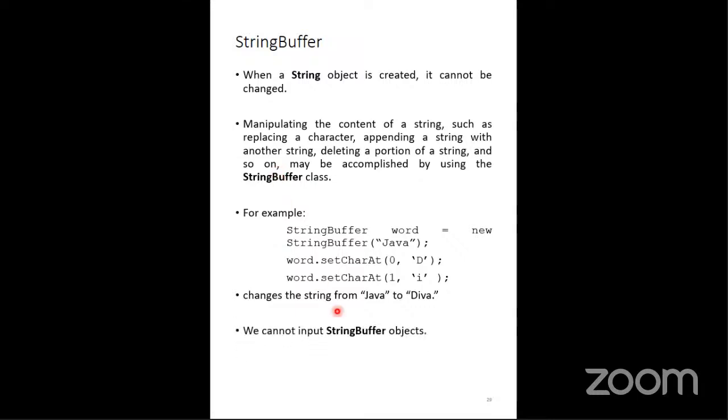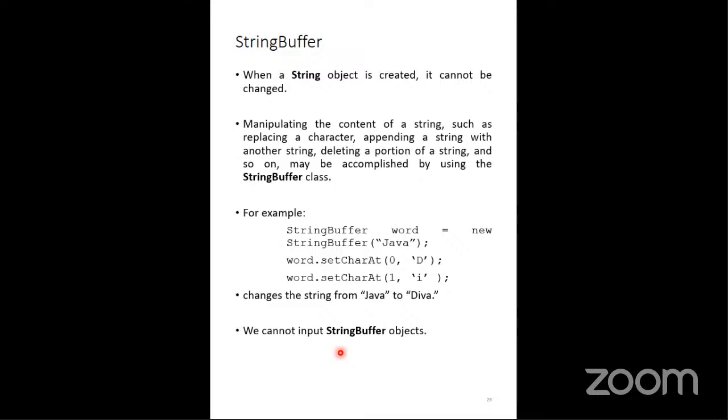Now one kind of difficulty: you can read from the user only a String and not a StringBuffer. When you want to read a string from the user, using the util package, or using BufferedReader from the IO package, you can read only a String object, only an immutable string.